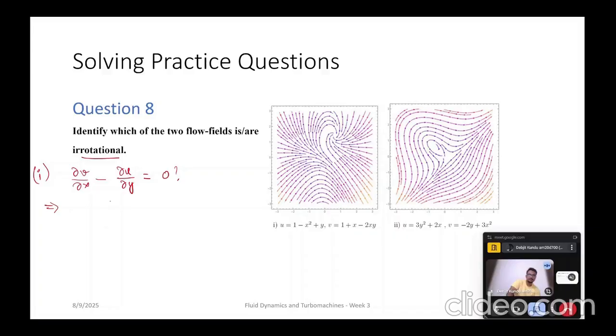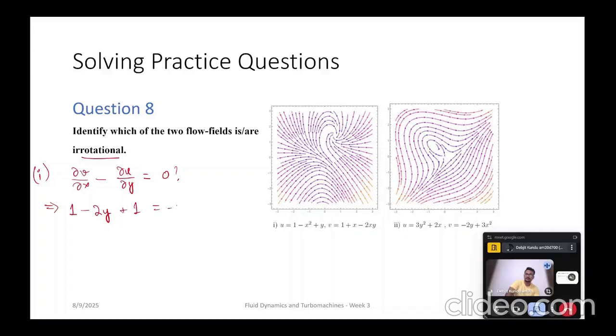v in this case is 1 plus x minus 2xy. So its derivative with respect to x is 1 minus 2y, and the derivative of u, which is 1 minus x squared plus y, with respect to y is plus 1.